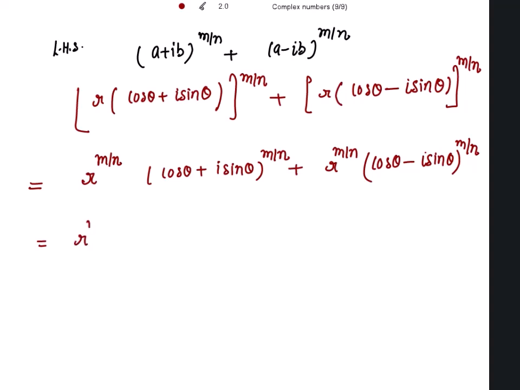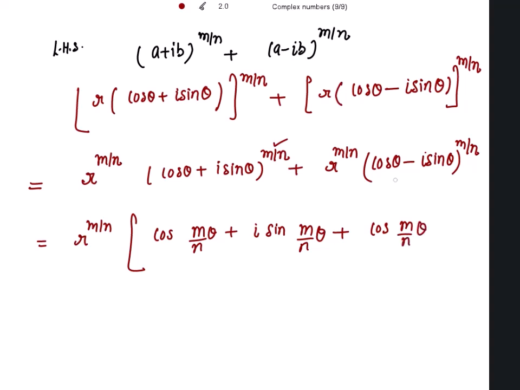Taking r the power m by n common, and now applying De Moivre's theorem, this power is multiplied with the angle. So this is cos of m by n theta plus iota sine of m by n theta, plus cos of m by n theta from here minus iota sine of m by n theta.